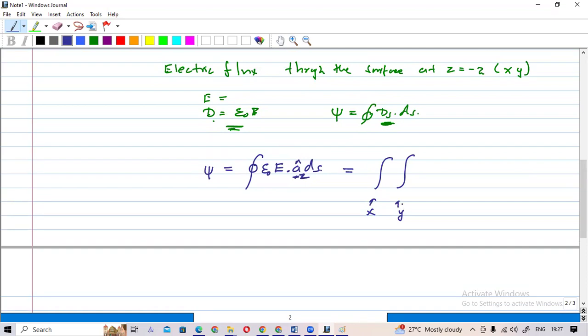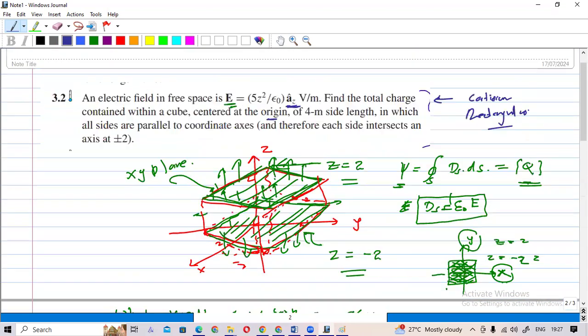Your function is D equal to 5z squared epsilon naught.